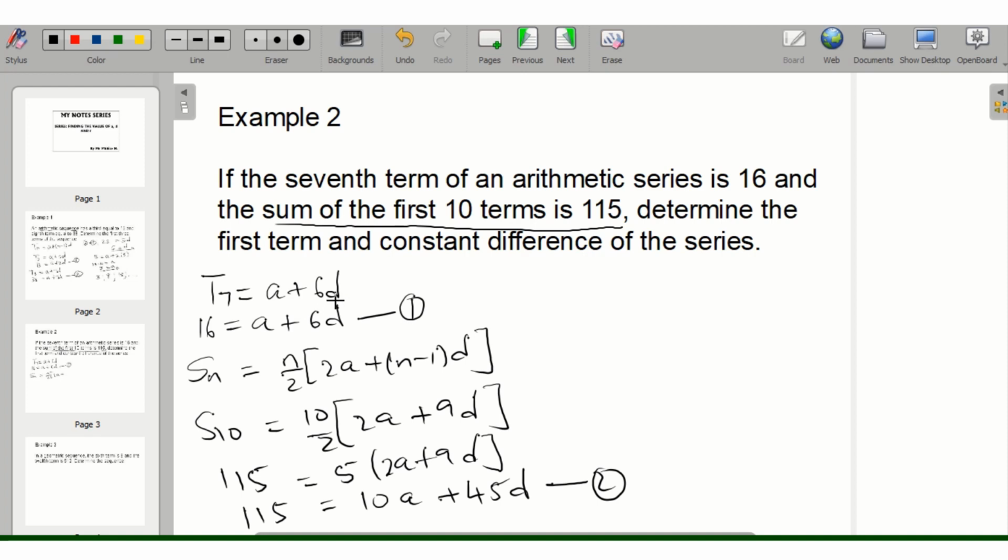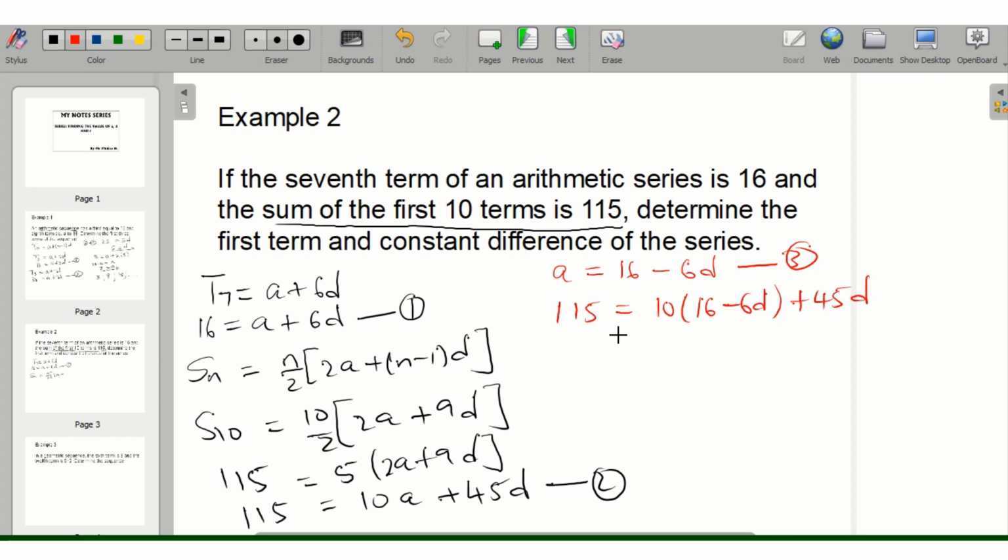Now you can manipulate, let's use red. You can manipulate the first equation and write it as a equals 16 minus 6d to form a new equation 3. And if you substitute this equation 3 in the second equation, you'll have 115 equals 10a, but we know a in terms of d is 16 minus 6d, plus 45d.